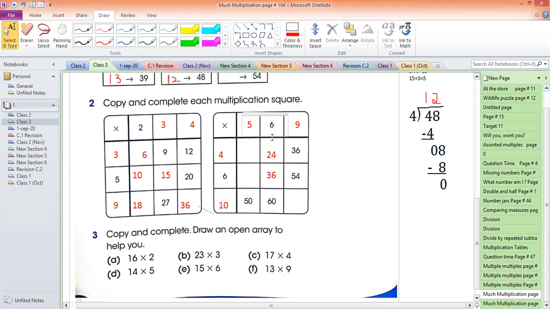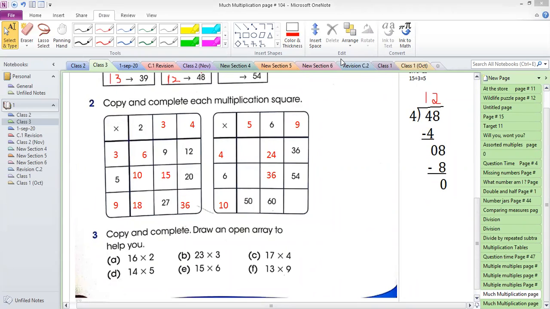But 5 multiplied by 6 is not equals to 60. 5 multiplied by 6 equals to 30 and 60 is already written here. So I have to check what number I should write here. And even the same, 2 multiplied by 25 I cannot write here. I don't need to fix only this 50. I need to check other numbers also. Is that clear? Why I write 5 up and 10 down?